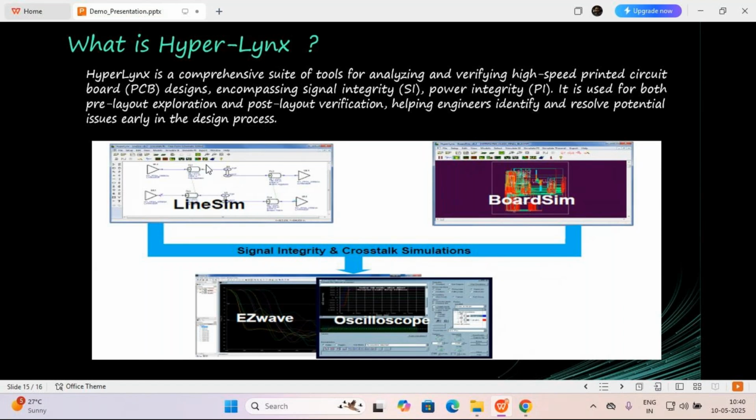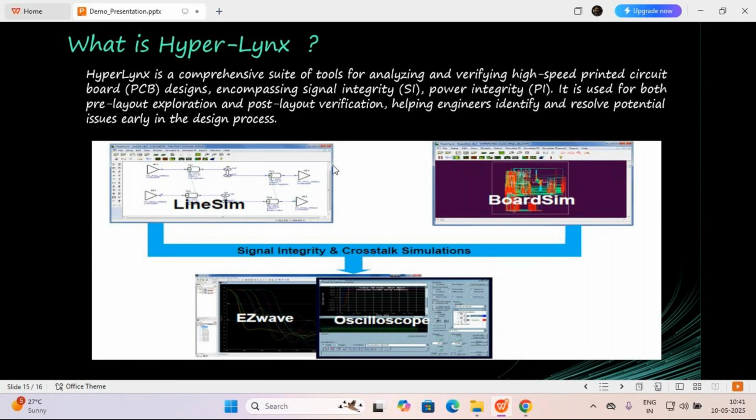We can perform these in LineSim itself, and based on that you can derive the constraints for the layout engineer, meaning what the trace width is, what the pad thickness is, everything in terms of layout. You will prepare a report and share it with the layout engineer. The layout engineer will take that report as an input and design the layout according to the signal integrity constraints.